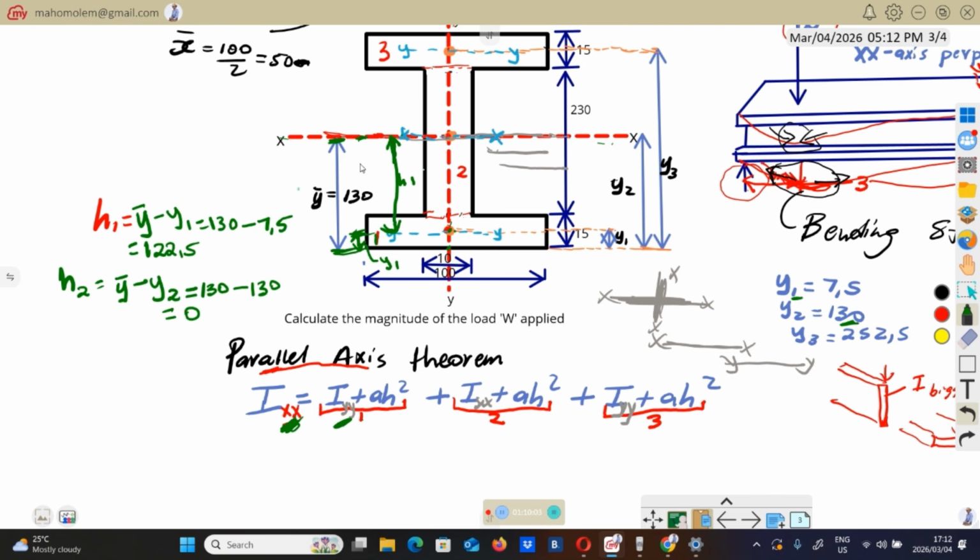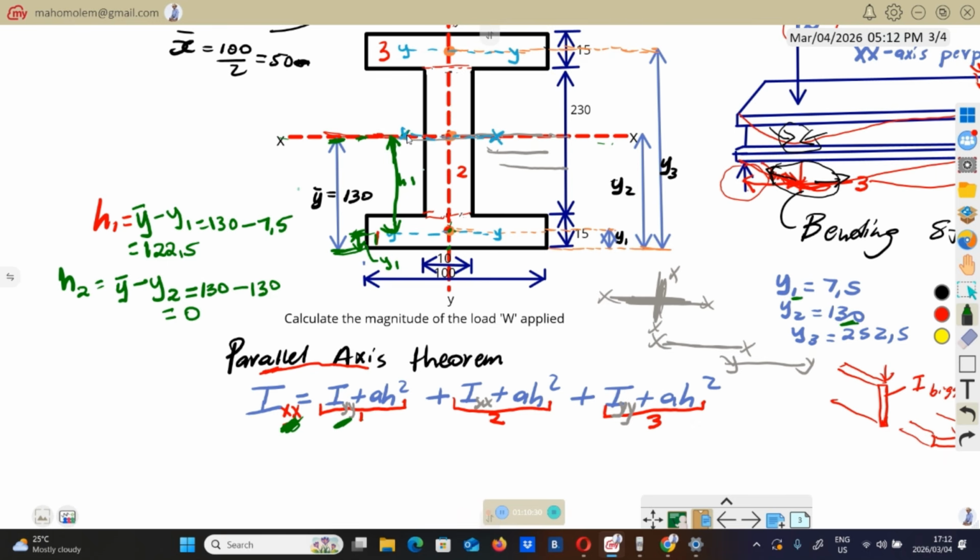Check here. Between this, what color is this? Sky blue. This XX line with this sky blue color, and this XX line, which is represented by this red dotted line. When you check those two lines, they are on the same level, meaning that there is no vertical distance between these two lines.